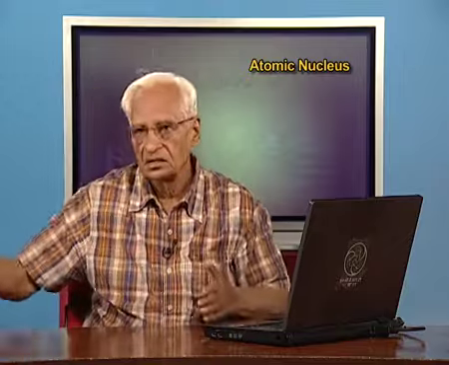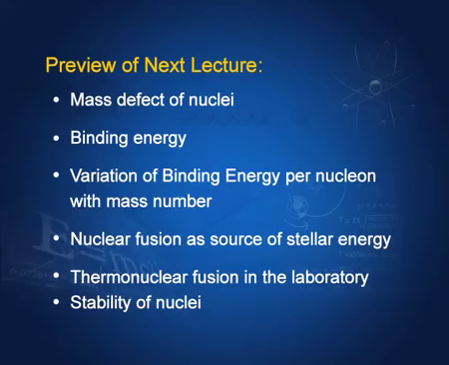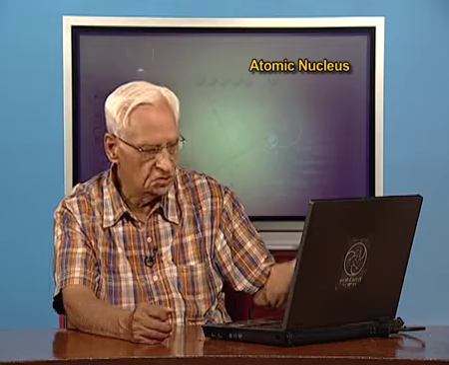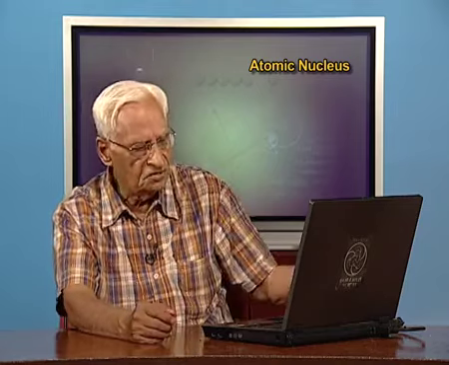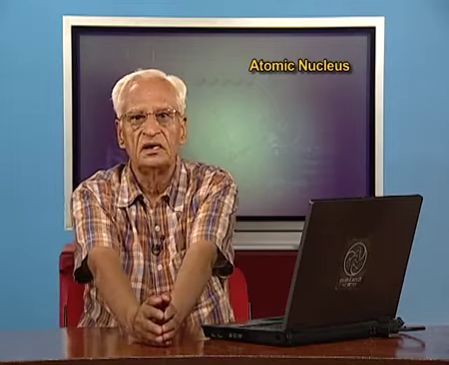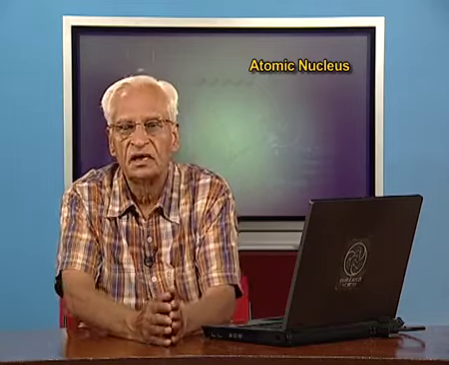We shall see the binding energy curve, and we shall also see the processes of nuclear fusion and nuclear fission as sources of energy. And last of all, we shall conclude what kind of nuclei are actually stable. This is for the next lecture.